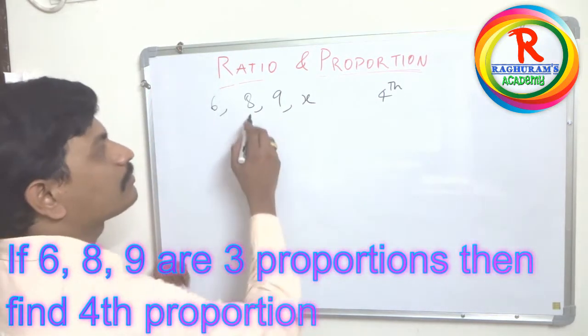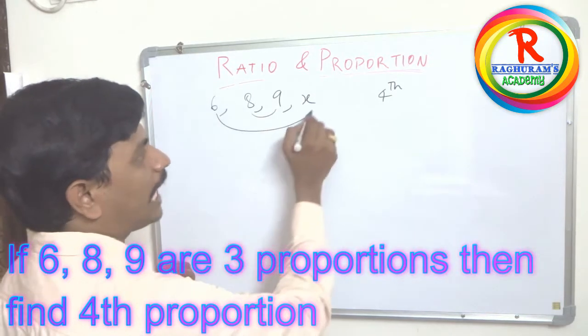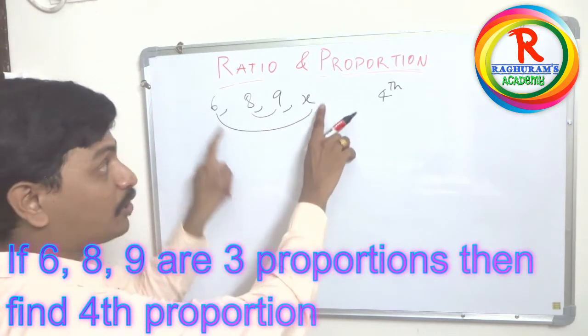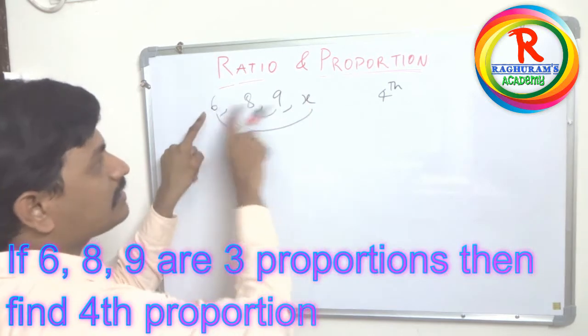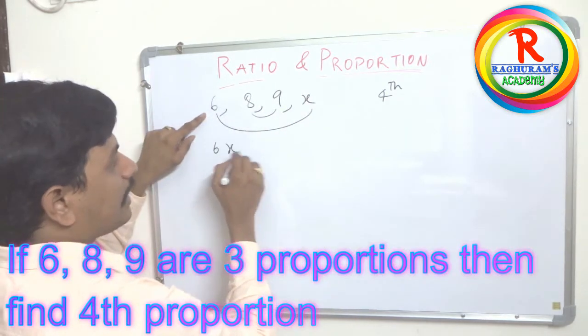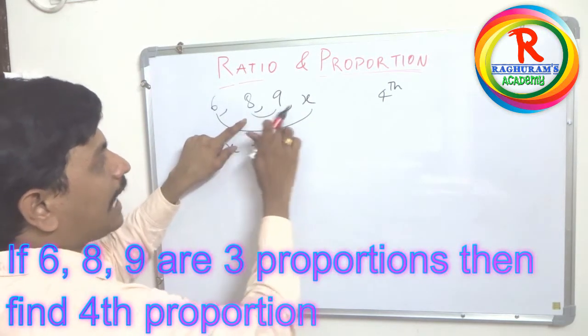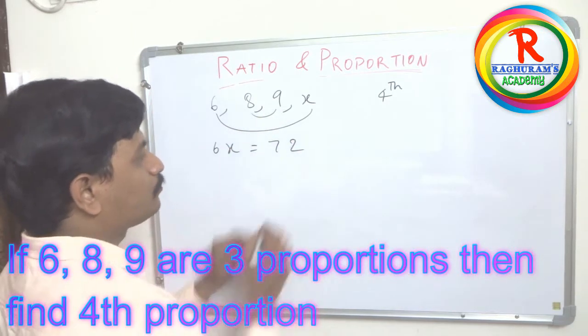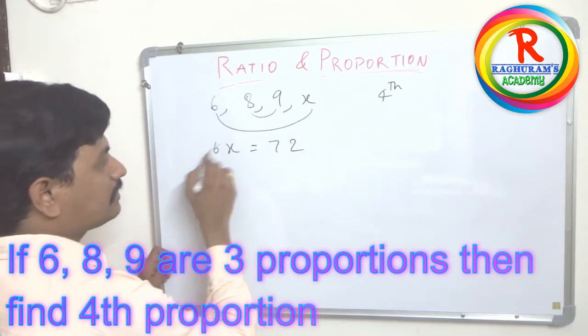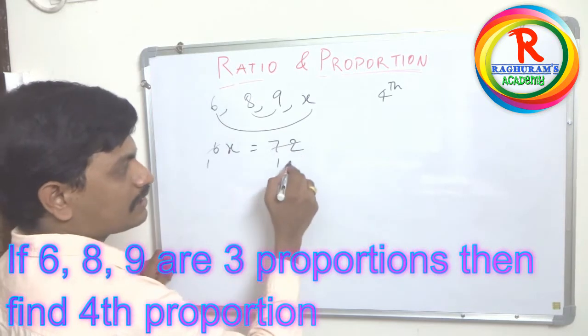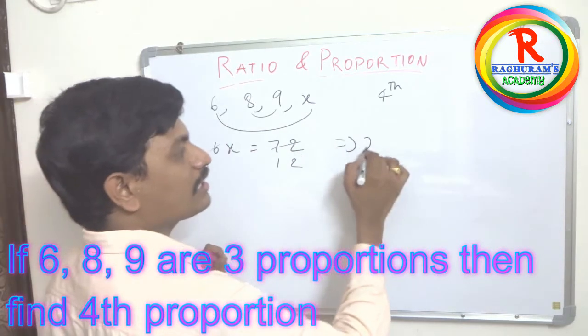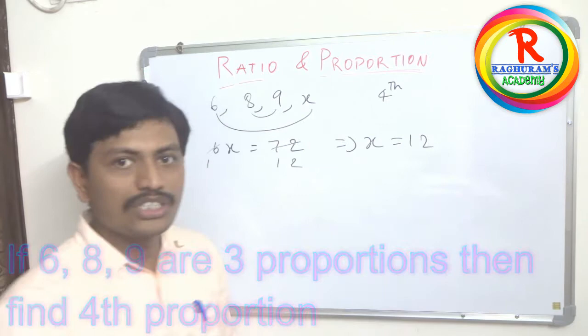Simply we use product of means is equal to product of extremes. First I'll write the product of extremes because x is here. So 6 into x is 6x, equal to means, 8 nines are 72. Now the cancellations, 6 ones are 6, 6 twos are 12. So the answer is x is equal to 12.